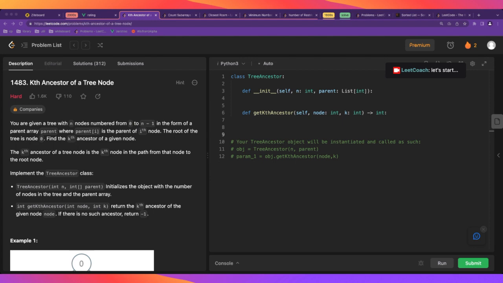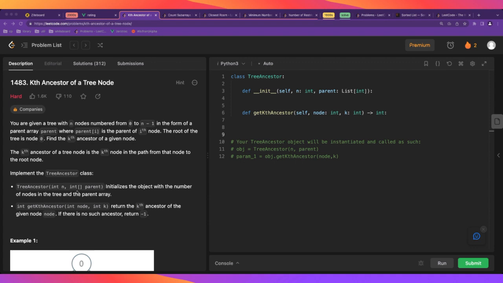Okay, let's solve this problem. I share the link. It's a hard tree problem. We are asked to find the kth ancestor of a tree node. But it is a query problem.